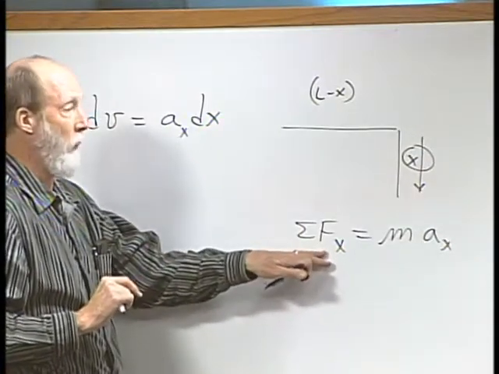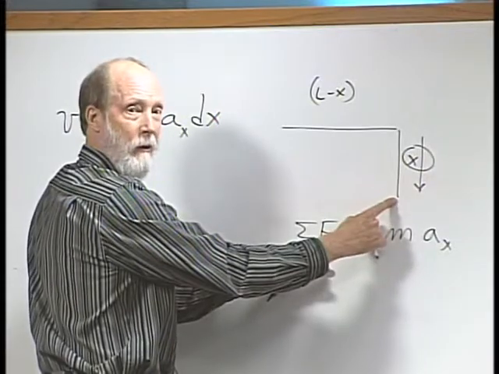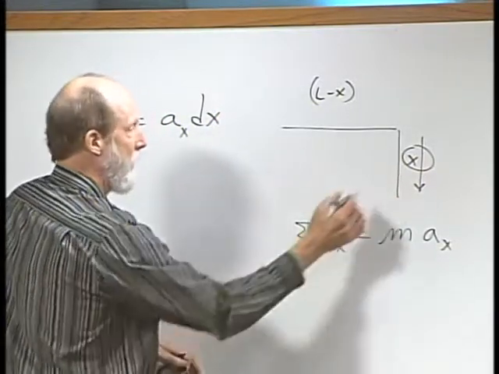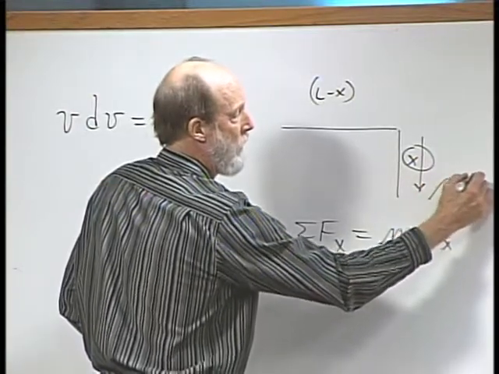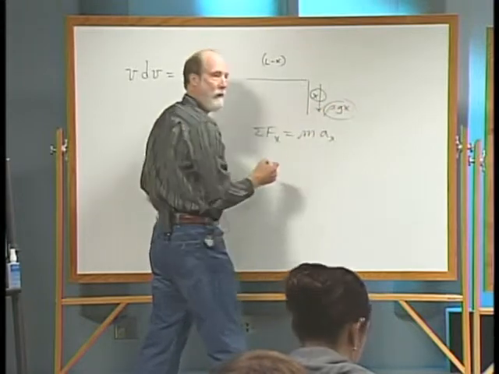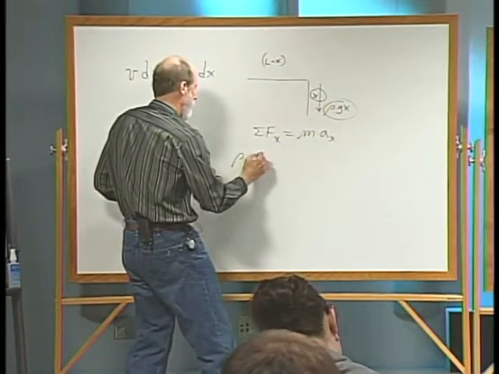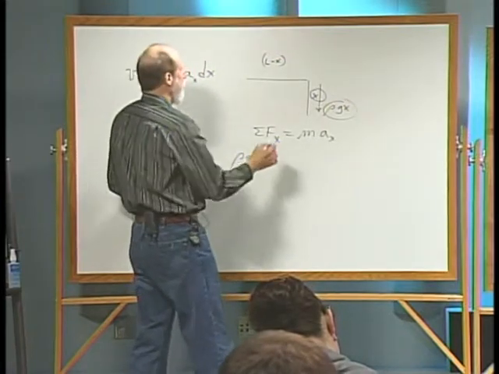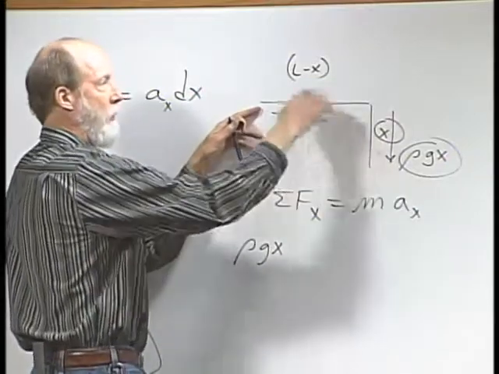And this sum of forces is going to be the weight of this hanging piece, and I'm going to go ahead and help you with that. Rho g x is the weight. Okay, so we have rho g x, and this is all x motion.